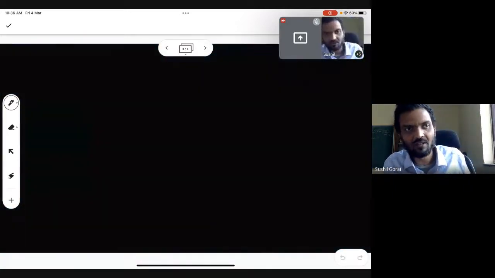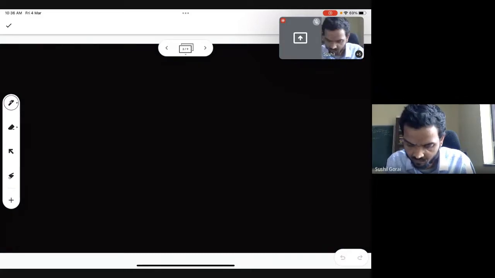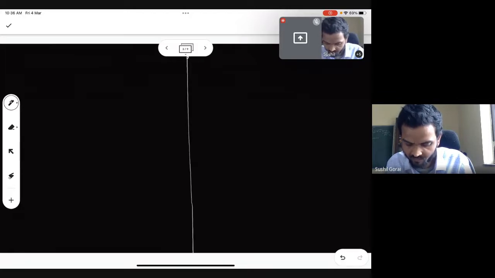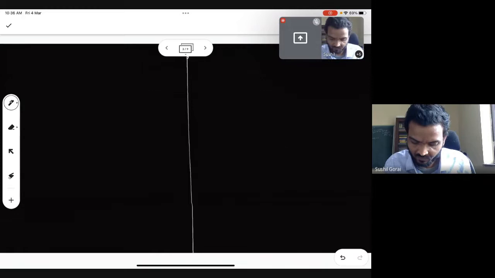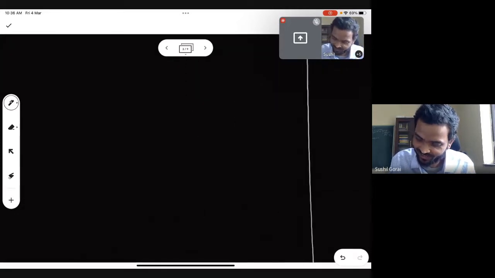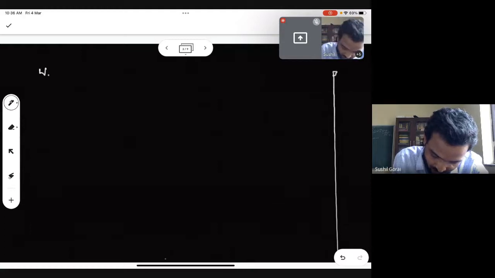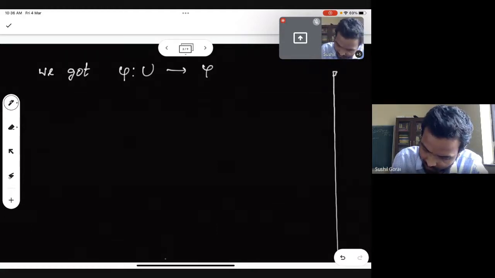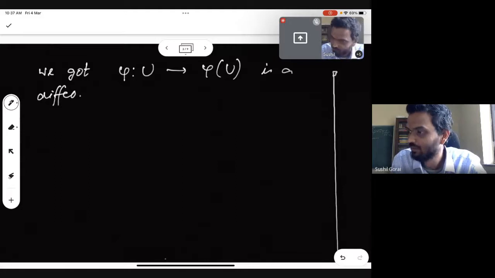So once you get this diffeomorphism, then what do you get? We got phi from U to phi(U) is a diffeomorphism. Right?